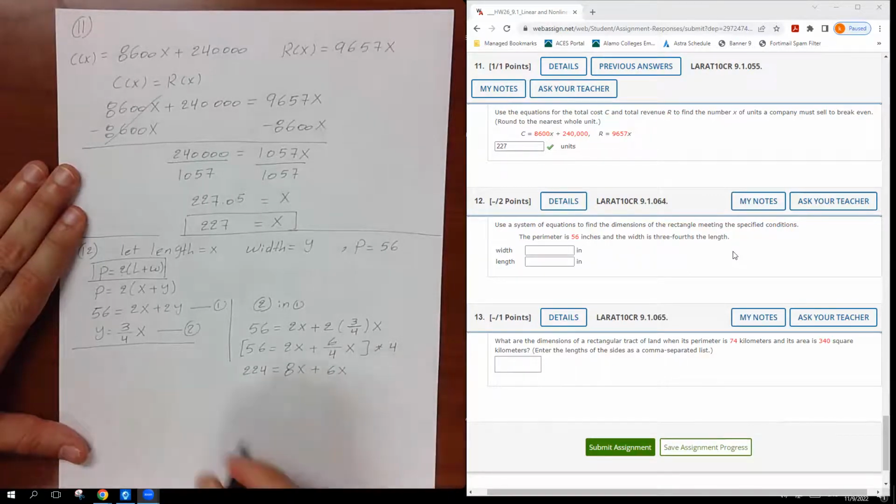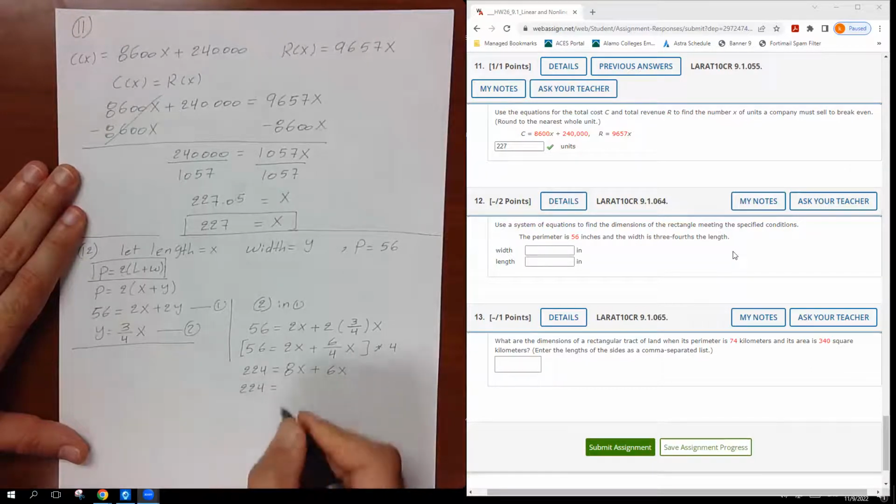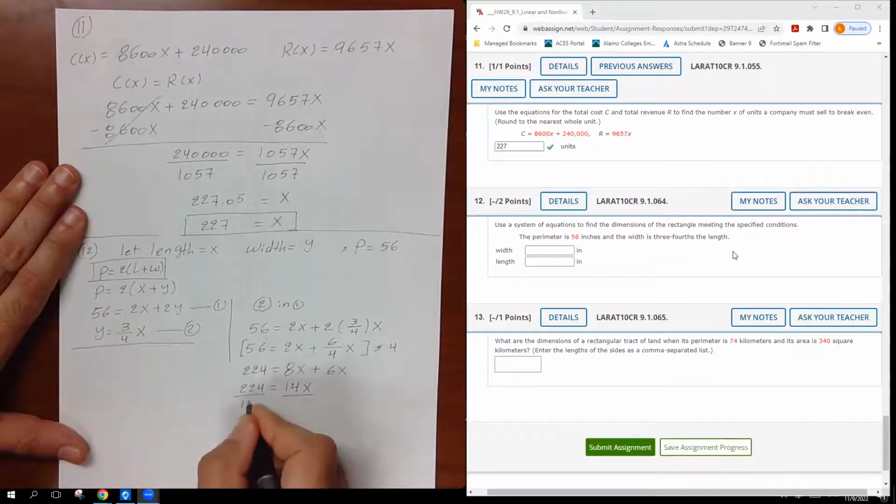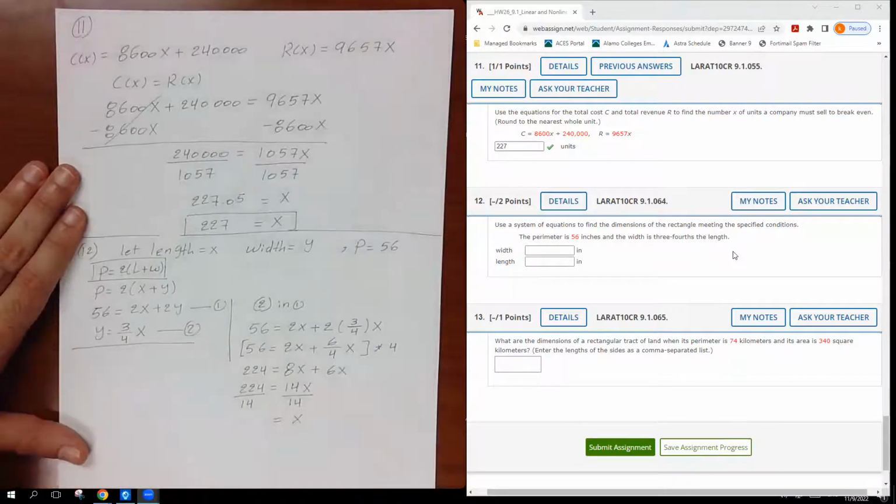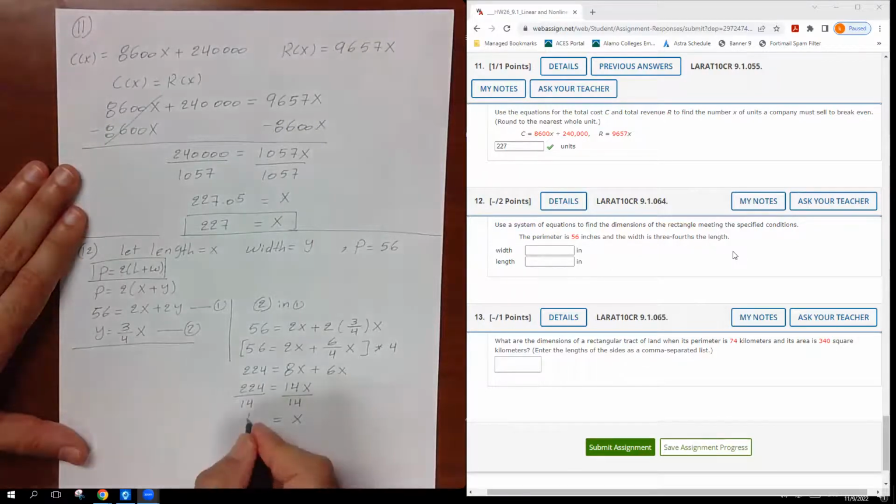Combine these together. So 224 equal 14x. Then divide both sides by 14. That means our x is going to be 224 divided by 14, which is 16. So our length is 16.